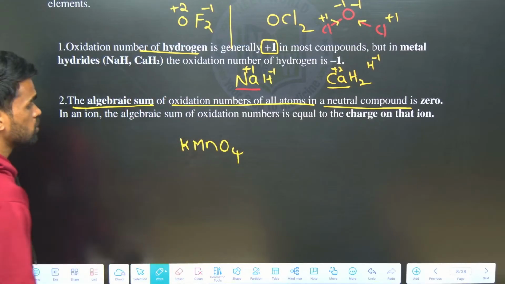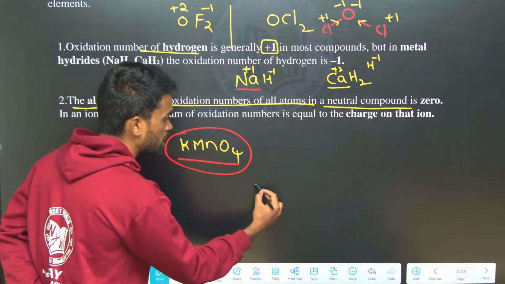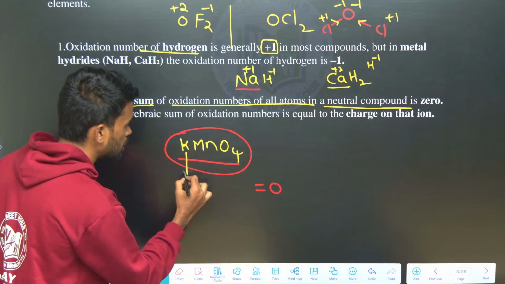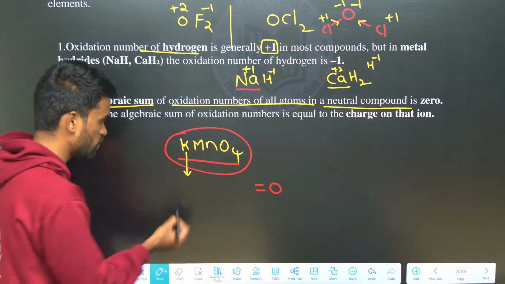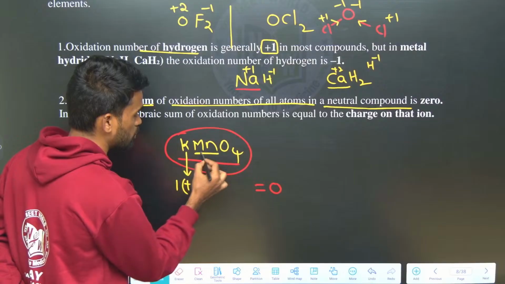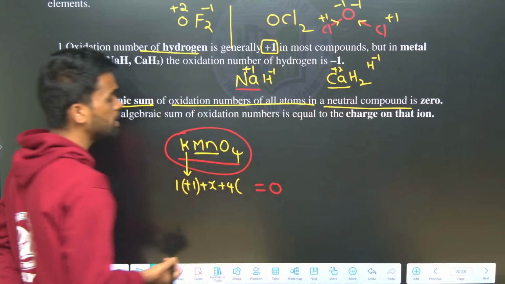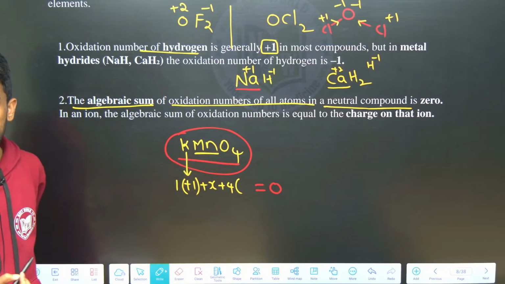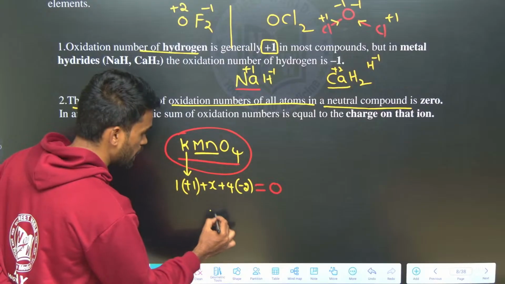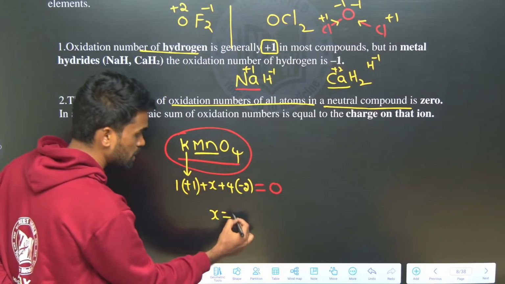It is a neutral molecule, so the total of the charges of all these elements should equal 0. For the alkali metal, what is the charge? +1, and only 1 is there. Plus manganese, consider it as X, plus 4 oxygen atoms, each oxygen in oxide form with oxidation state -2. Therefore, 4 2s are 8, -8 +1 is -7. Moving that to the other side, X becomes +7.